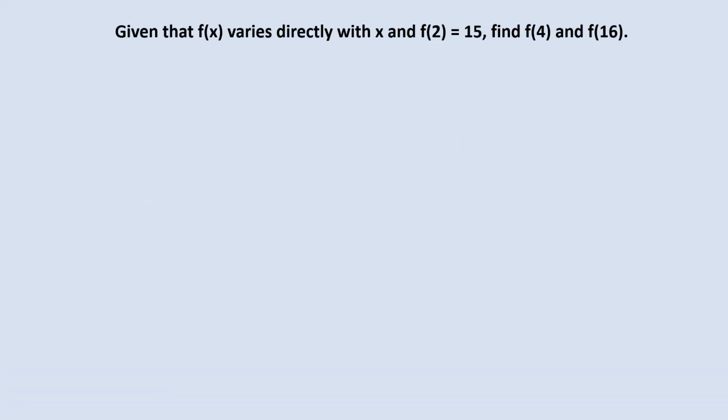Our next example states that given f of x varies directly with x and f of 2 is 15, we want to find f of 4 and f of 16. So varies directly means that we are going to use f of x equals kx.